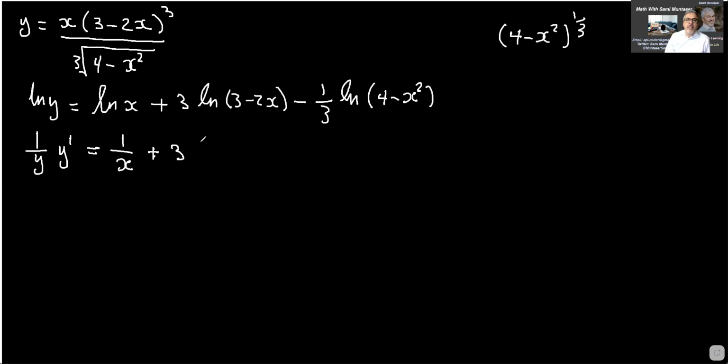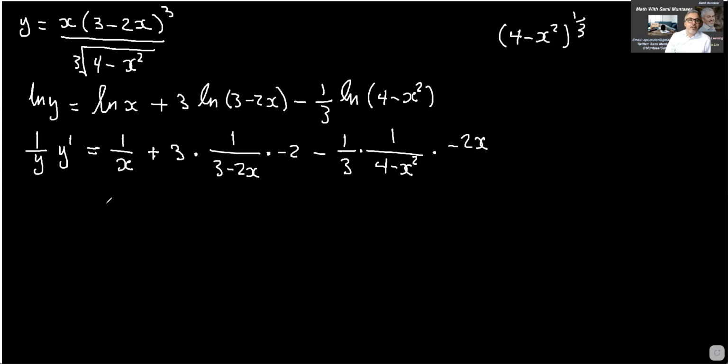Now this is 3. The derivative of this would be 1 over 3 minus 2x times the derivative of what's inside here, which is -2, minus 1/3. The derivative of this is 1 over, so that's multiplied, 4 minus x squared. And then the chain rule, the derivative of this is minus 2x.